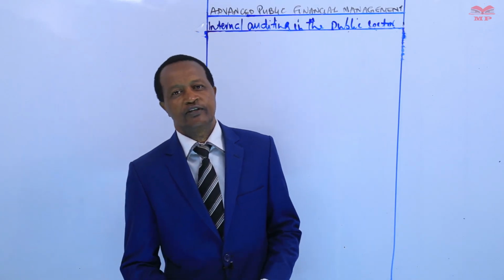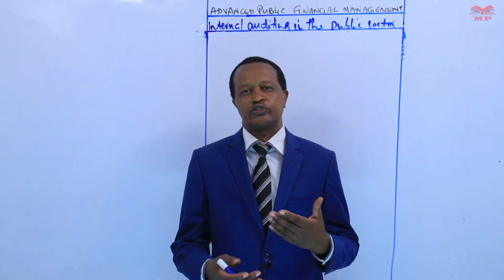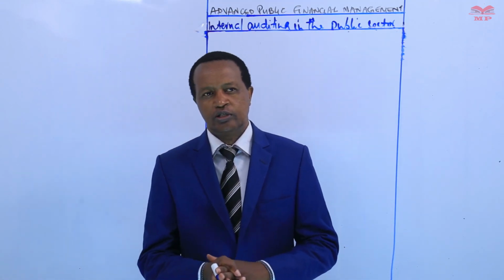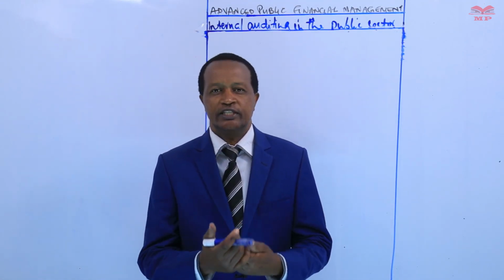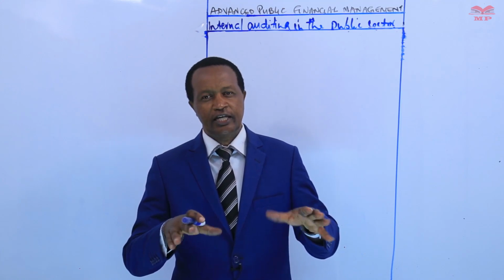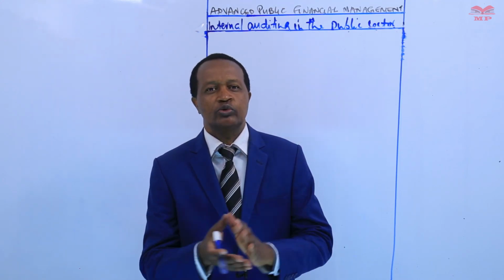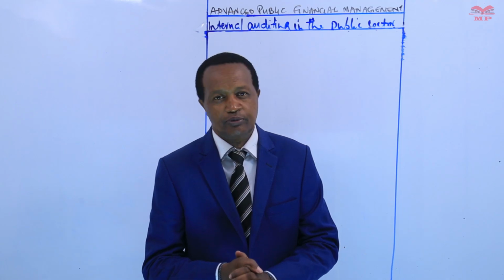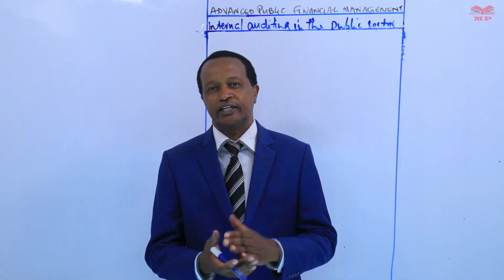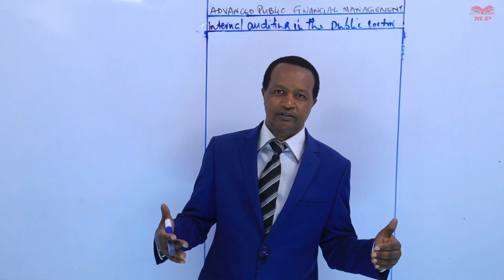Today we are going to study the function and reporting structure in the public sector in regard to internal auditing. Internal auditing plays a key role in promoting good governance, as we've been seeing in our previous lessons. It promotes accountability and transparency within the public sector.